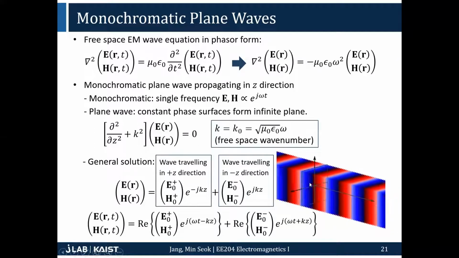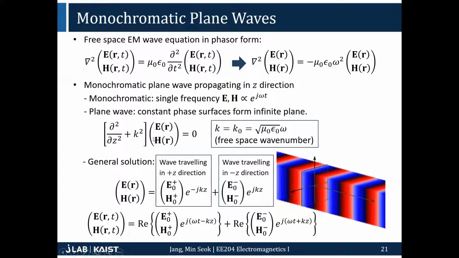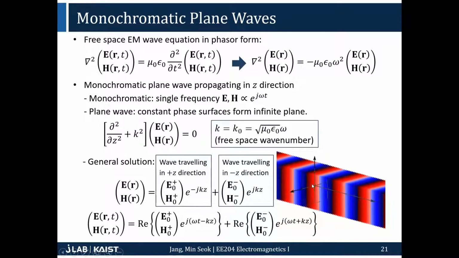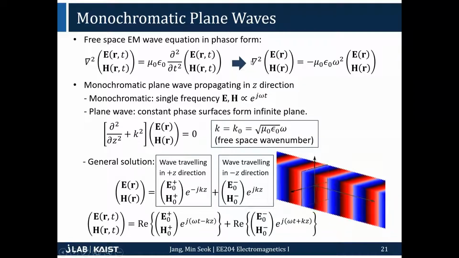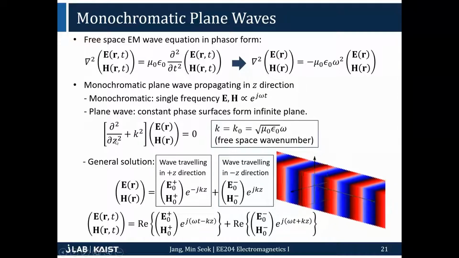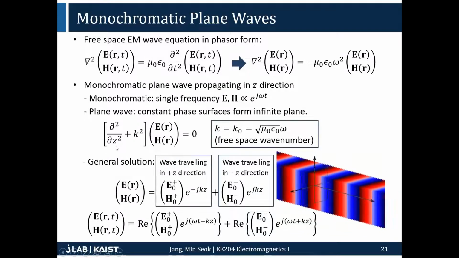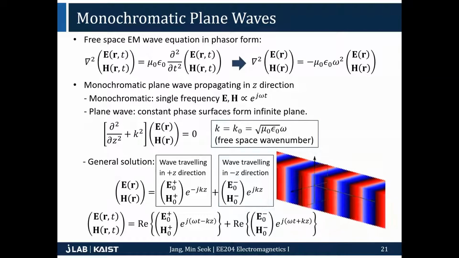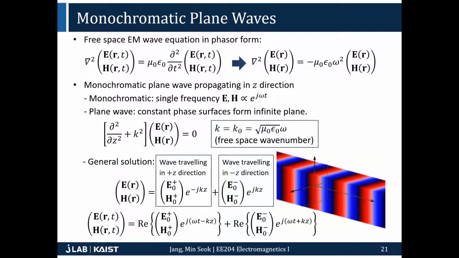Okay, now because this wave is propagating along the z direction, and along the xy directions nothing is changing, the Laplacian can be reduced to the z derivative. Because dx and dy of the electromagnetic field give you 0, since nothing is changing in those directions.